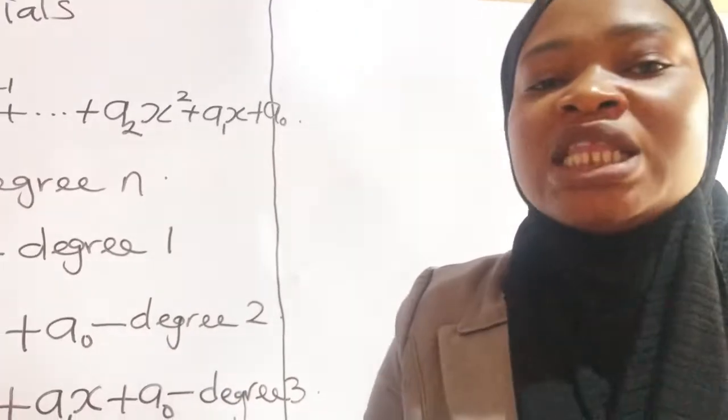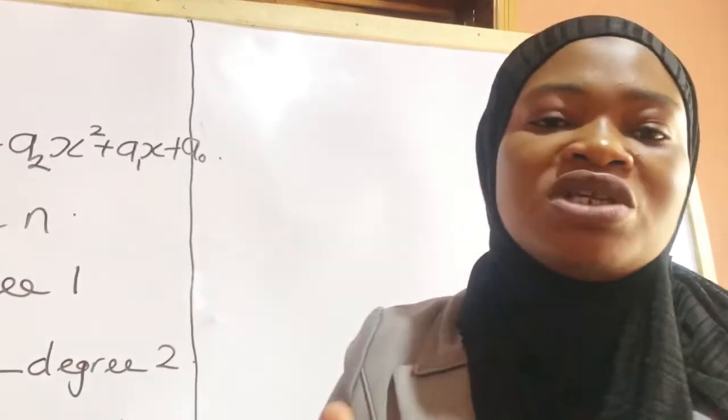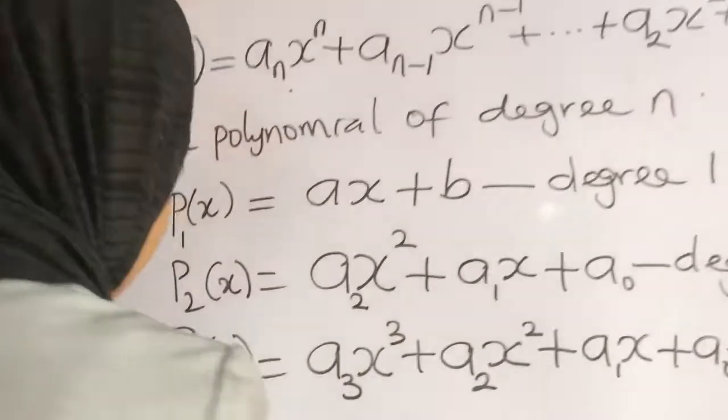Now, the shape of graphical representation of polynomial of degree 1 is known as a straight line.